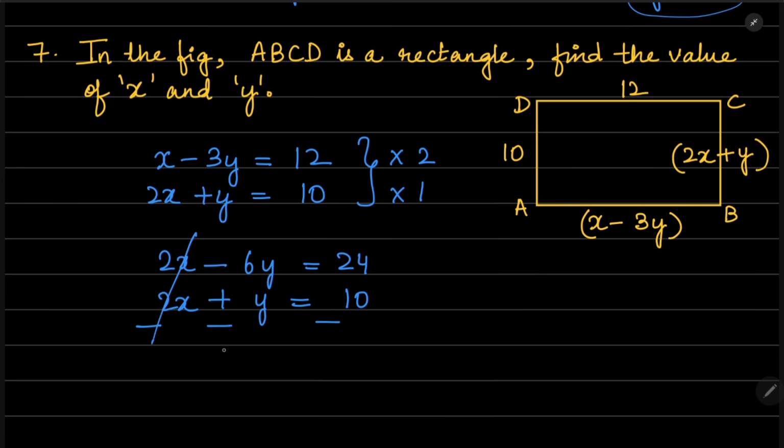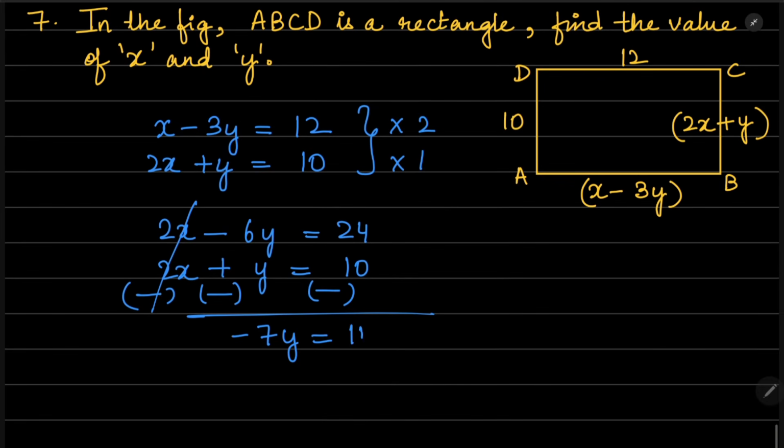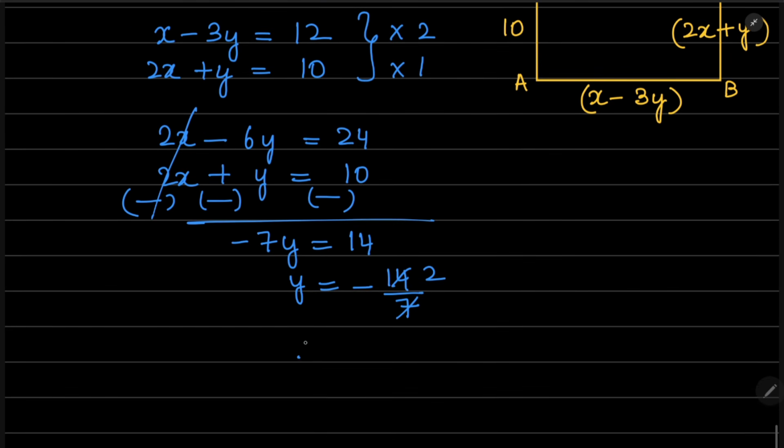So 2x gets eliminated and here what is left? Minus 6y minus y, minus 7y is equal to 24 minus 10. It is 14. So y is equal to minus of, don't forget the negative sign, minus of 14 by 7, which is nothing but, therefore y equal to minus 2.